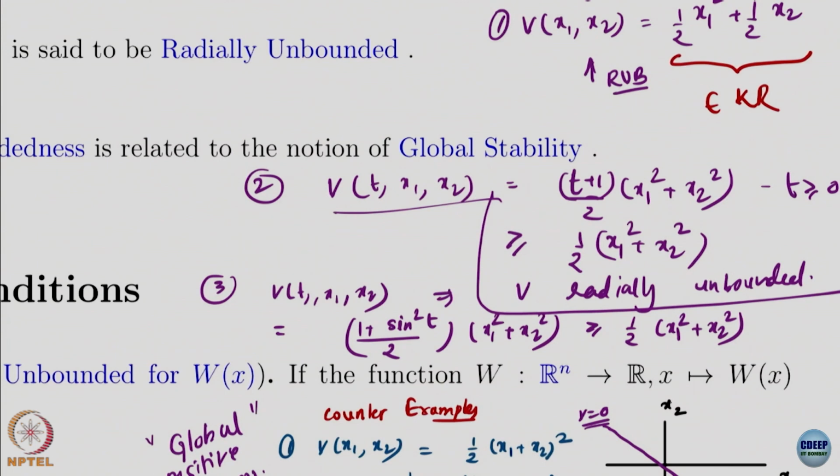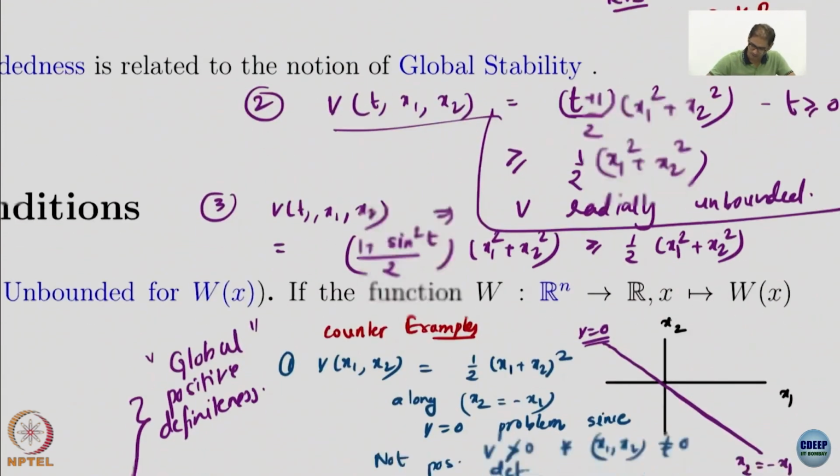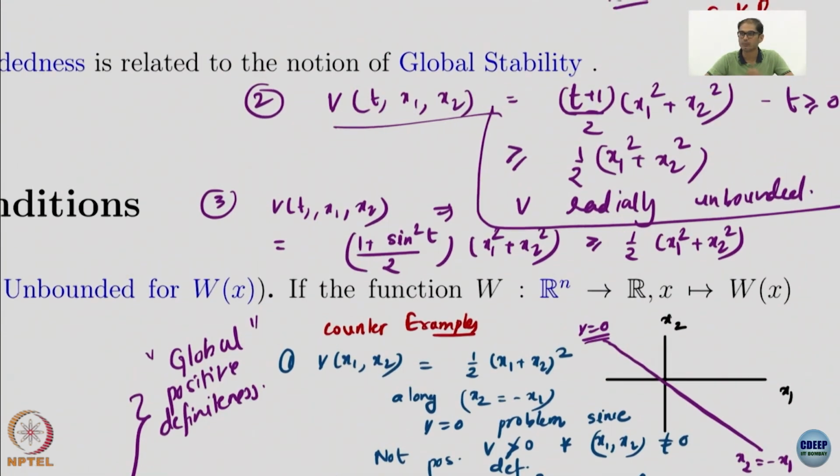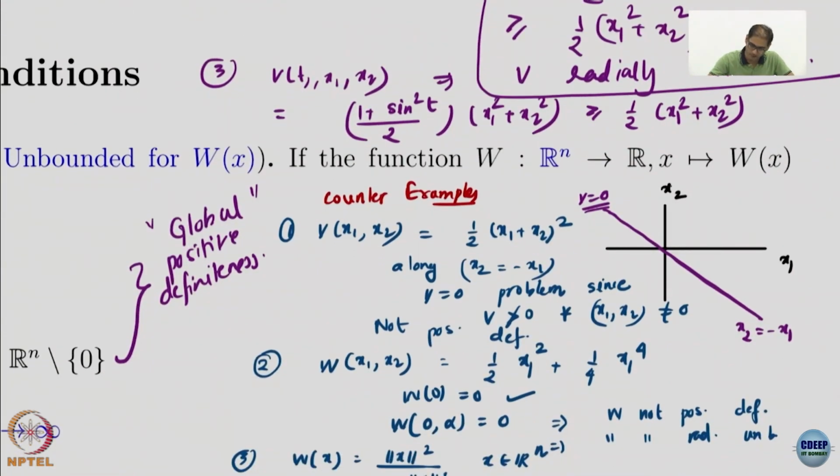So you are talking about class K. What are those non-zero points? As simple as that, this is not even class K. Why? Because if x1 and x2 have opposite signs, x2 is minus x1. For all possible values with x2 equal to minus x1, basically this line that I have drawn here, V is 0 along this line in state space.